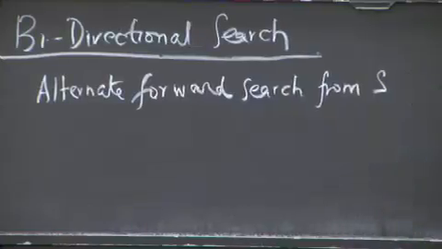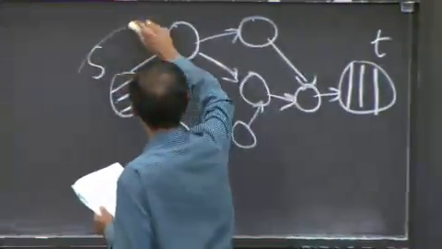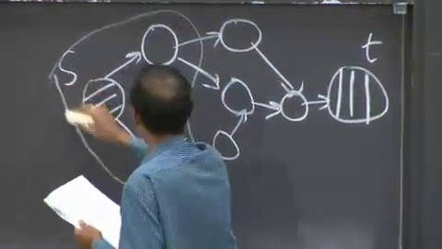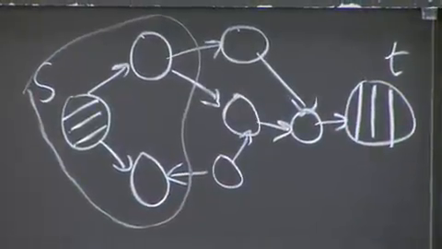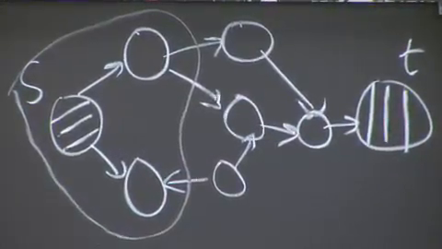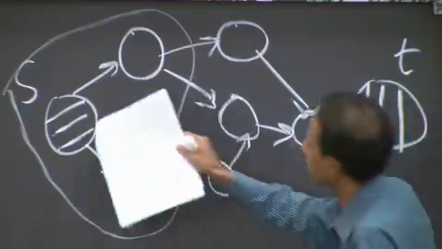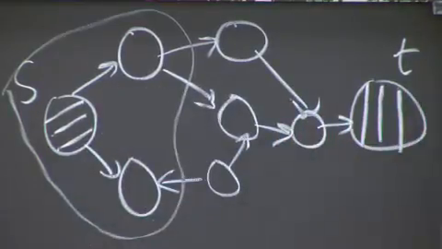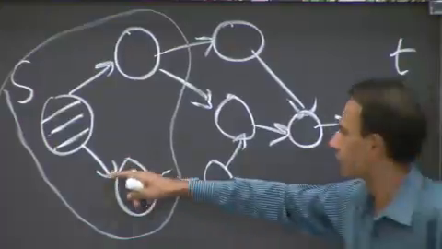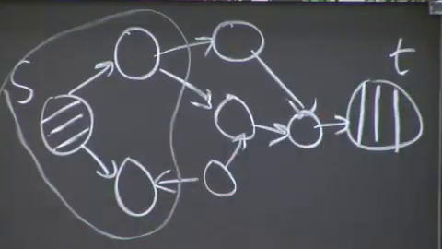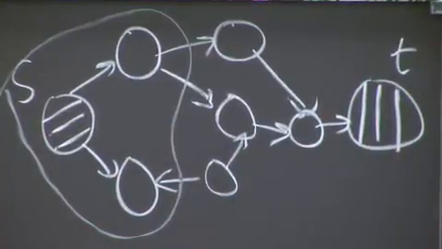In the first step of forward search, you pick the vertex S off of Q and process the edges that come out of S, and that would correspond to these two edges. That's one step of forward search.